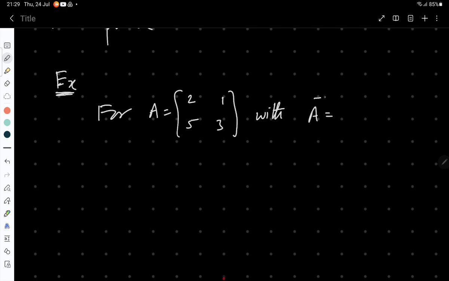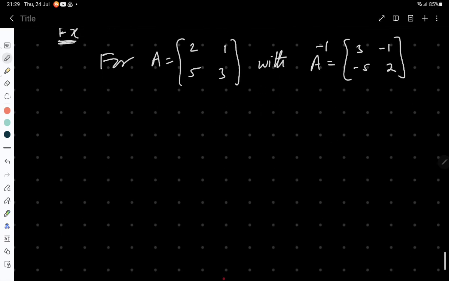A and A inverse are given: -5 and 2. So this is A and this is the inverse of A. Both are given. Verify that A inverse A is identity.